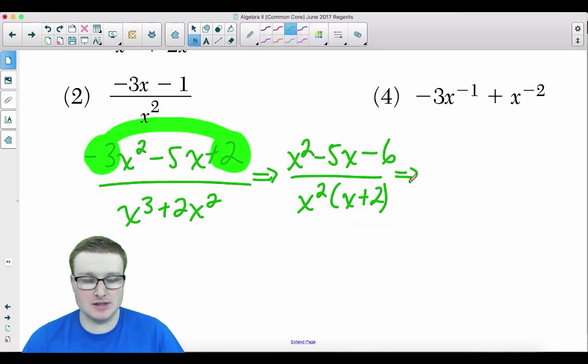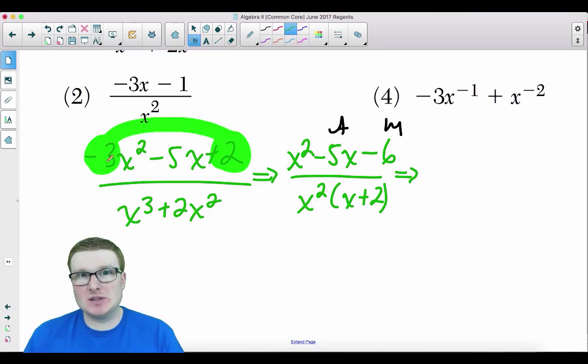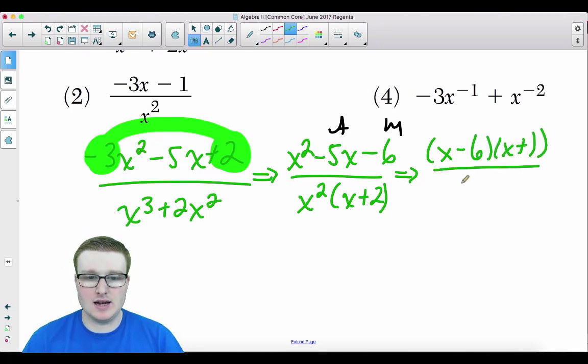Now, let's keep going with this. I'm going to factor the top. What adds to negative 5 and multiplies to give you negative 6? Now, it's factorable because before that, the a term was negative 3, we need that a term to be 1. So that gives us x minus 6, x plus 1, divided by x squared, x plus 2.